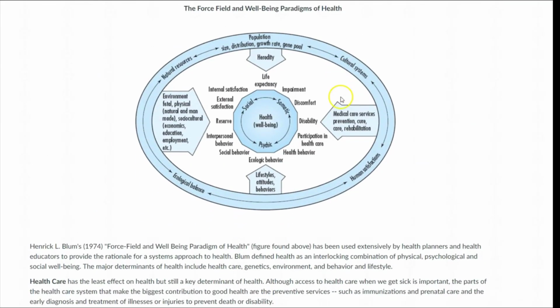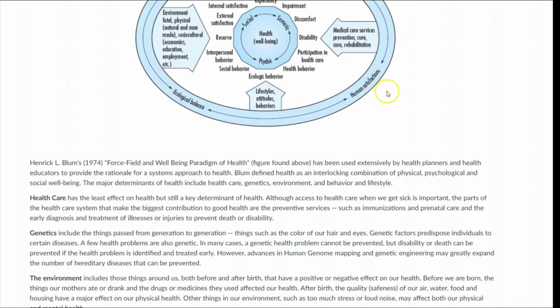Below that is the force field and well-being paradigm of health. This was created by Bloom, also known as Bloom's force field and well-being paradigm of health. What it really does is define health as an interlocking combination of physical, psychological, and social well-being.